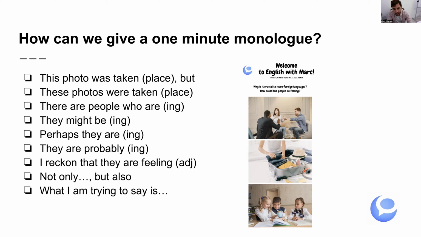I reckon that they are feeling very different. I imagine the woman is feeling very excited about her trip, while the children are probably feeling a little bit stressed because they have homework. However, they do seem quite happy.